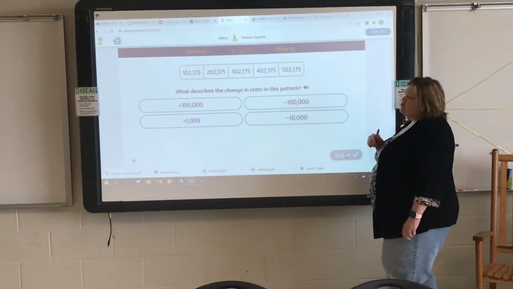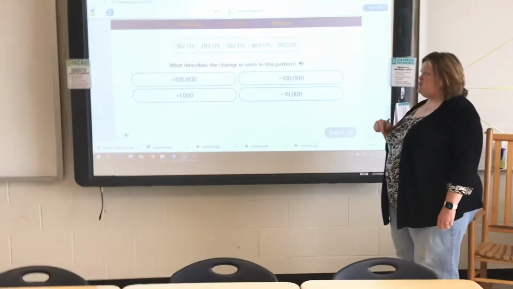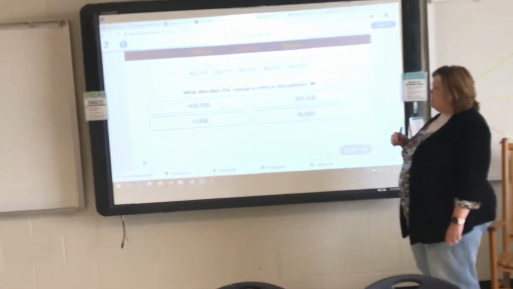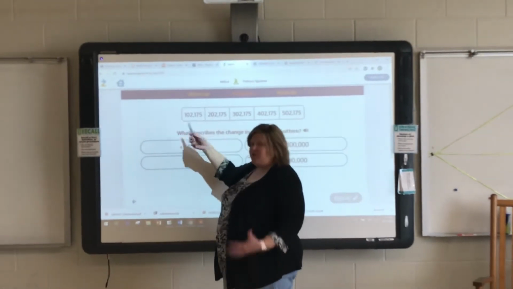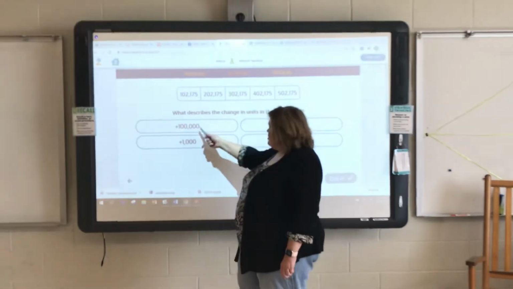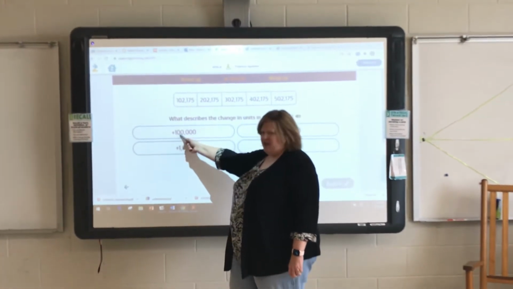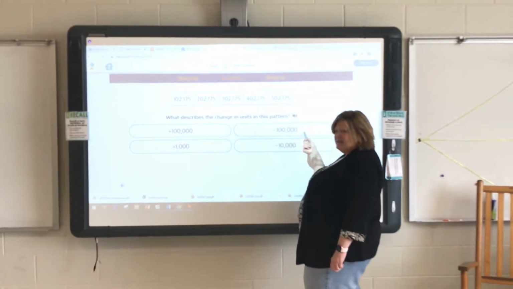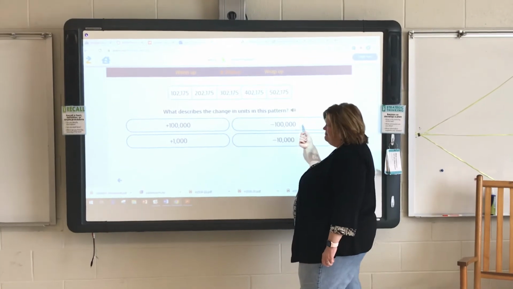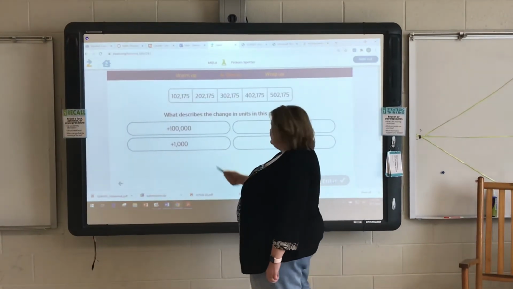So what describes the change in units in this pattern? In this case, we're looking at the 100,000. Did the unit change by adding 100,000? Decreasing, subtracting 100,000? Adding 1,000?